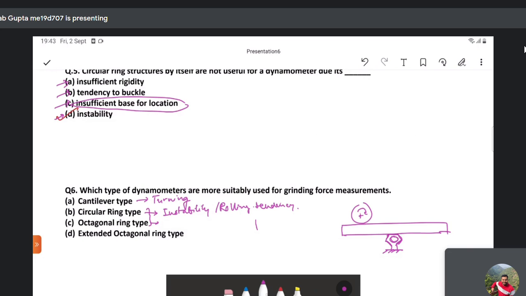So that's why we generally take another one like this and we join them. The joining is done in a proper manner like this. This is your solid portion, and you have a hanging hollow portion in between, and you place your strain gauges.